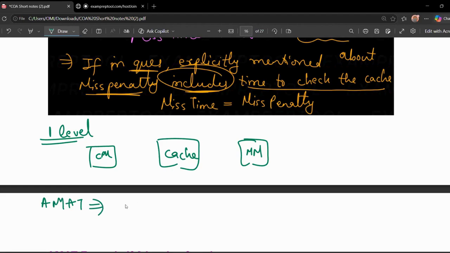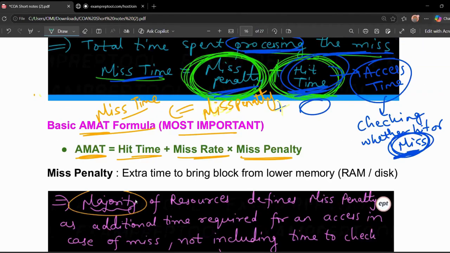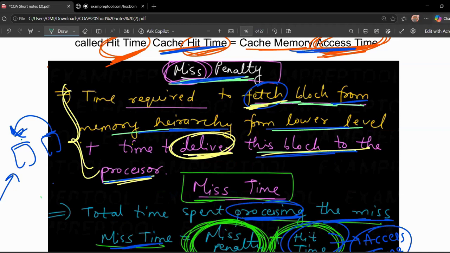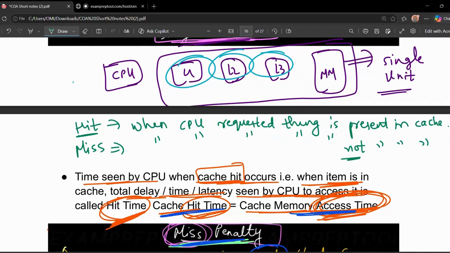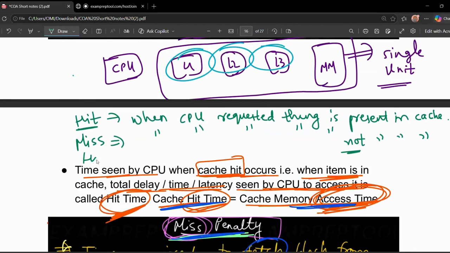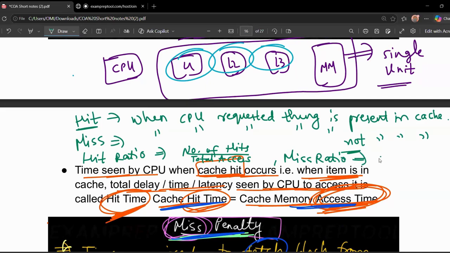There is something called hit ratio and miss ratio. I have not written it, but the hit ratio is the total number of hits divided by total accesses.